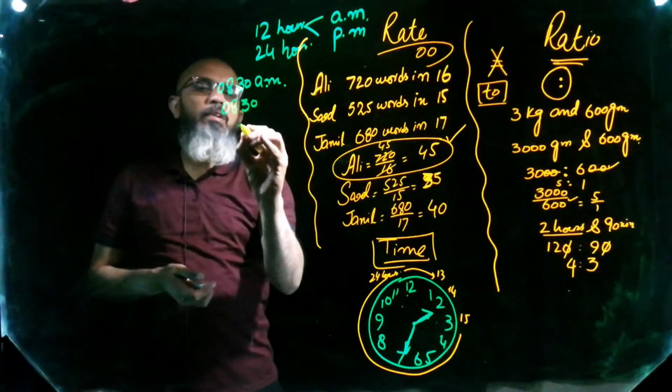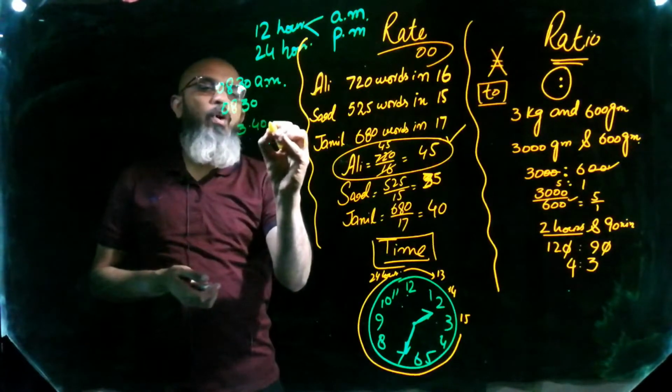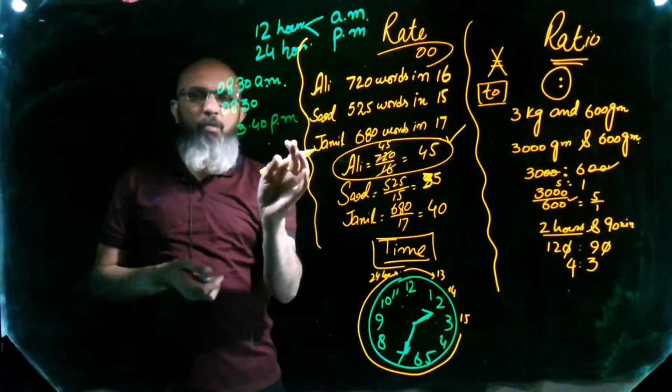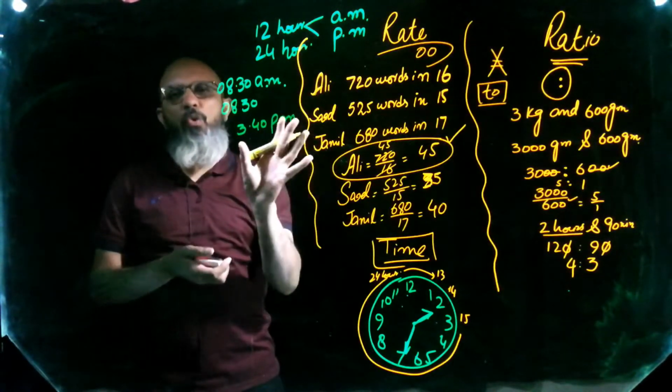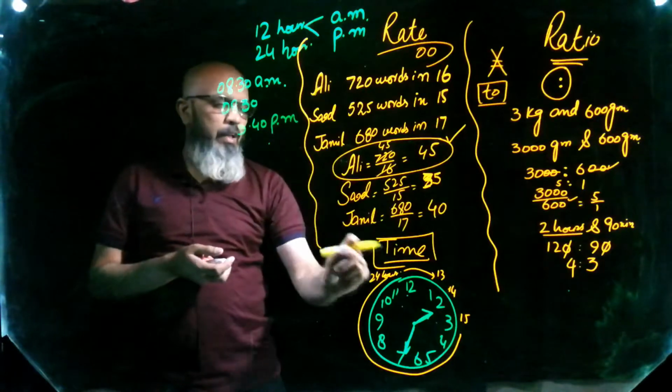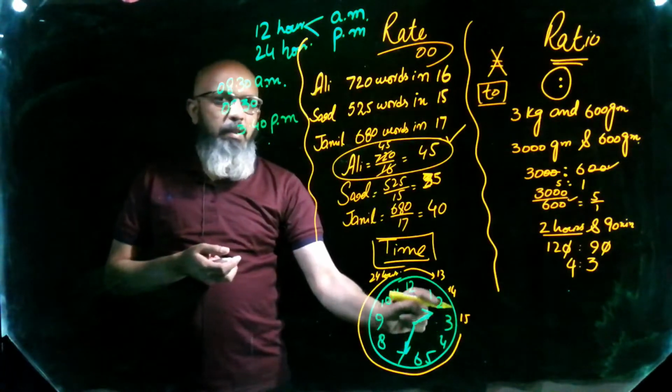If we have 3:40 PM and we want to convert this into the 24-hour clock, it is 3:40 after 12 noon.